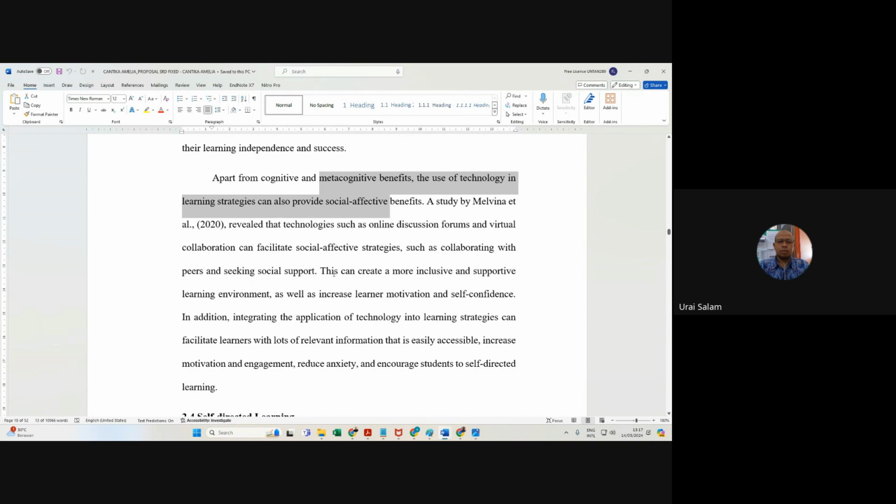It is very important that you understand those concepts, because later when you do your data collection, you are going to use interviews, for example, and your interview should uncover and dig more about the cognitive, metacognitive, and social affective strategies.